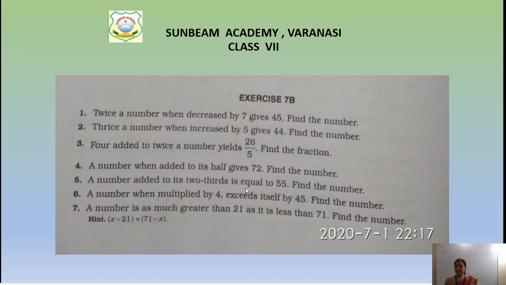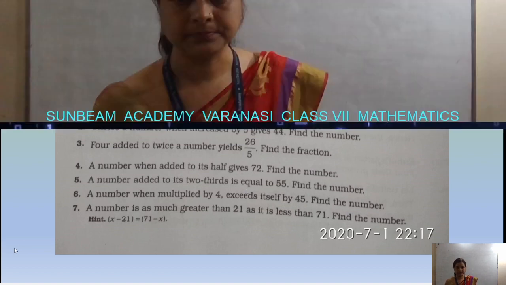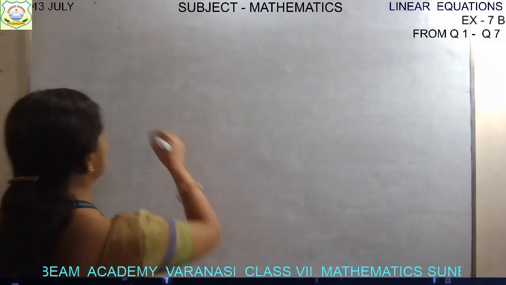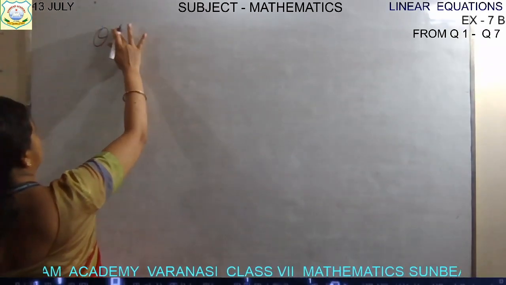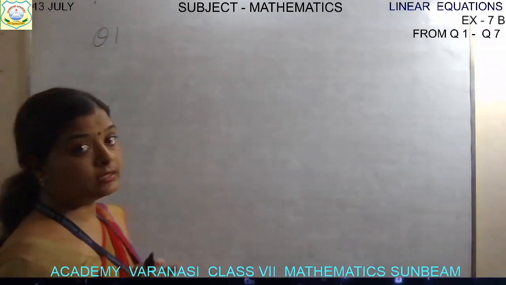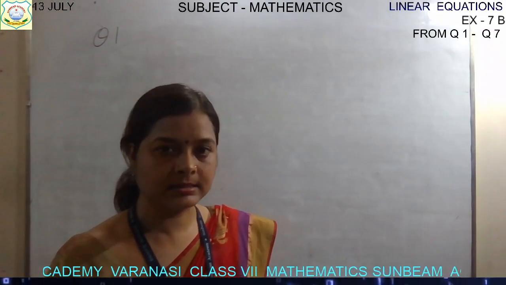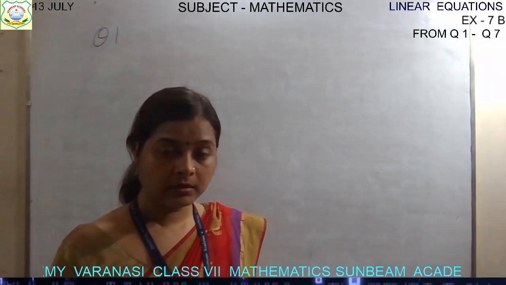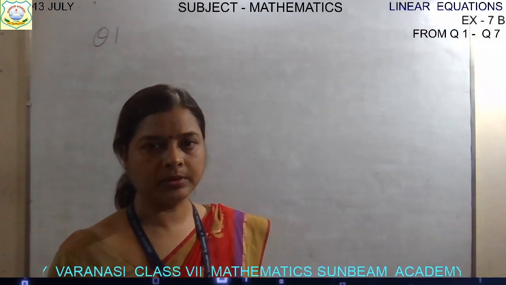So we will take it as a variable. Twice a number when decreased by 7 gives 45. So let's start doing the question. Okay, children. So first we will write question number 1. Let that number be x. You can take it as y, you can take it as t or s, any variable you can take.